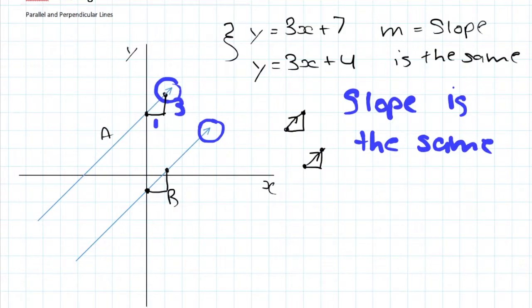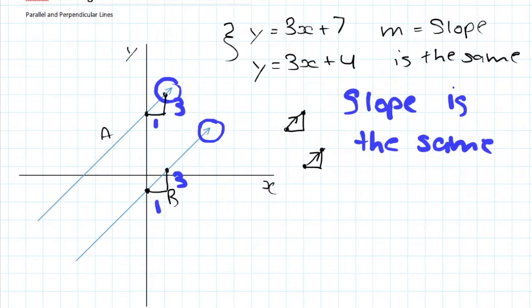And we'll say the bottom one, since it has the same slope, ran 1 and rose 3. As this line is progressively going up 3, this line is also going progressively up 3. As line B is running 1 and rising 3, line A is also running 1 and rising 3, making it so that both lines are going the same way at the same speed, as you can see by the slope, making it so that both lines will be parallel, meaning that they'll never intersect.